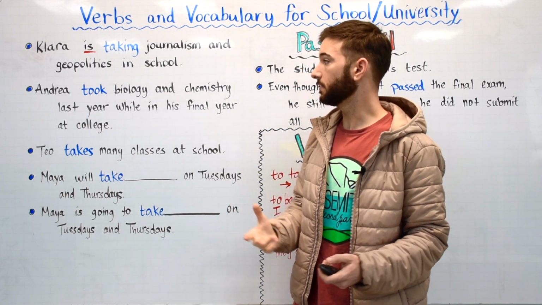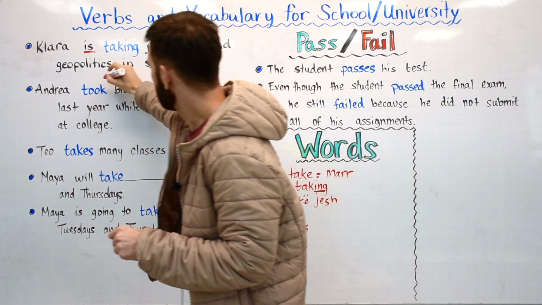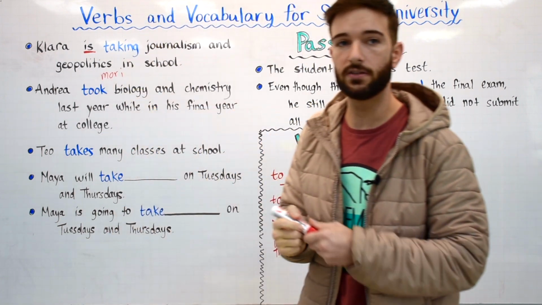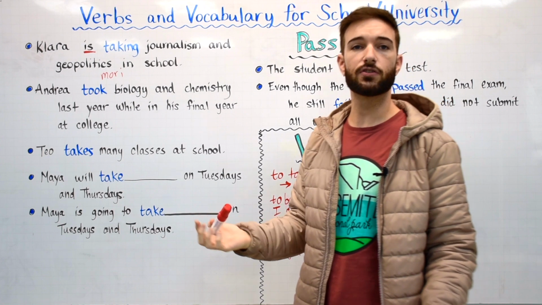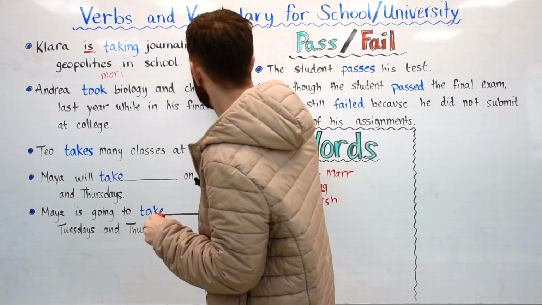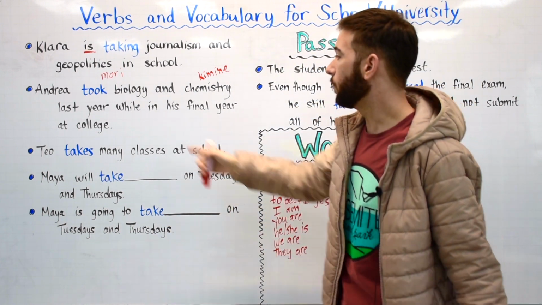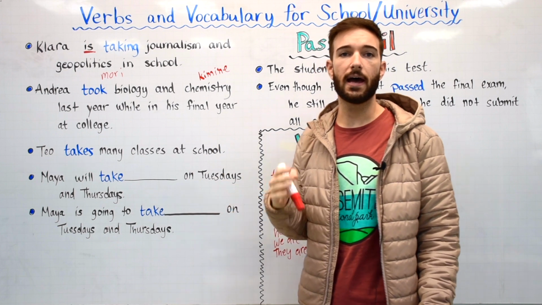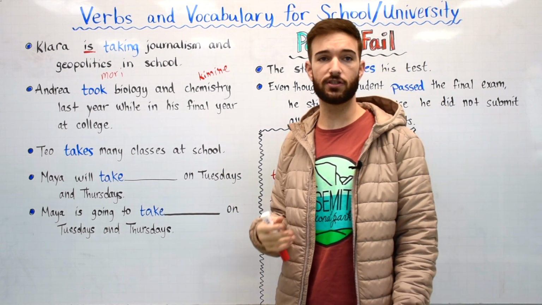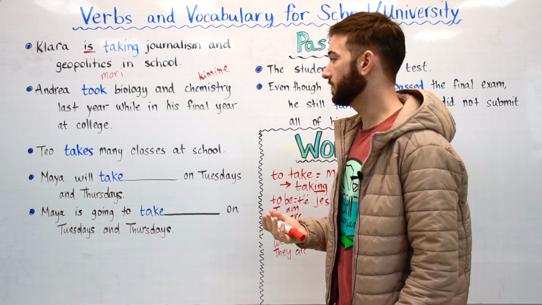Andrea mori, which is took, biology, and chemistry. Do you remember what chemistry is? Chemistry is kimi. Last year, vitin e kaluar, while in his final year at college. Okay, derisa ishte në vitin e tij të fundit në universitet.